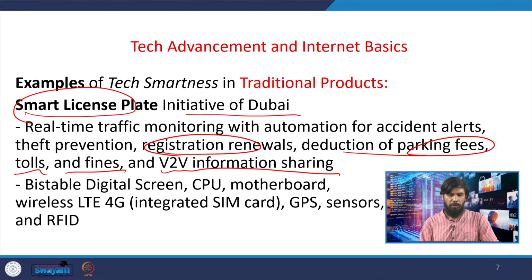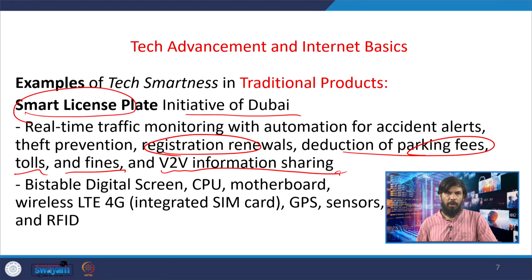Then V2V information sharing, vehicle to vehicle information sharing through these smart license plates and the connectivity in them, that is feasible. So if there is any hazard, then other vehicles which are behind can be given that information. So that V2V information sharing is possible, right.